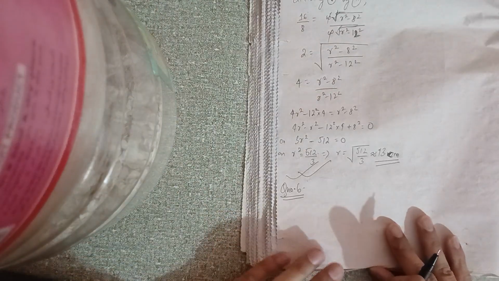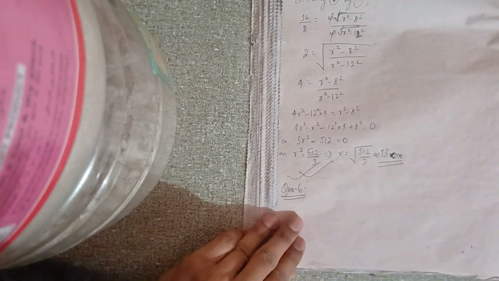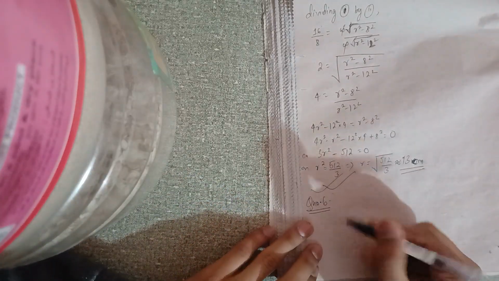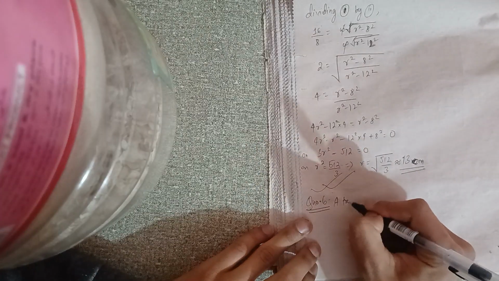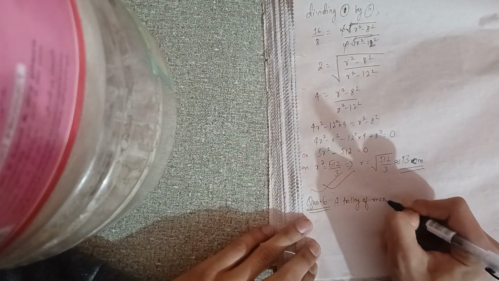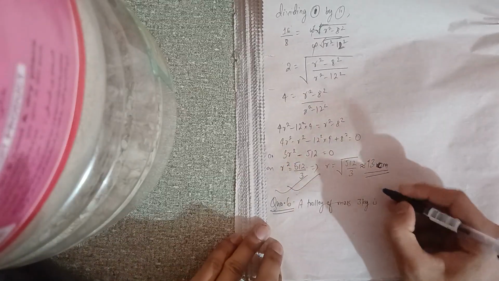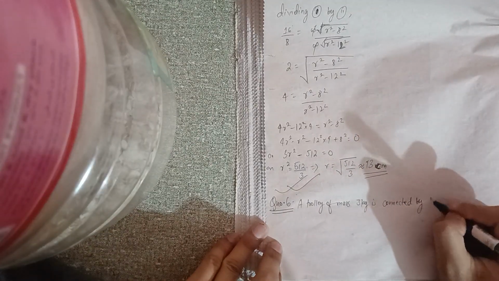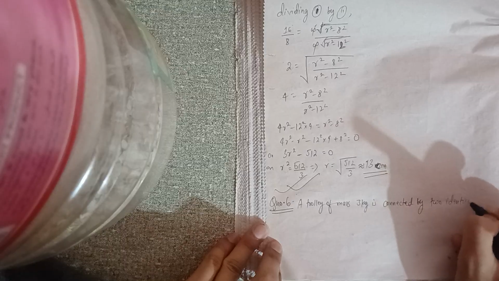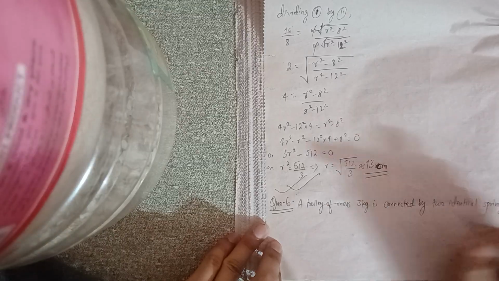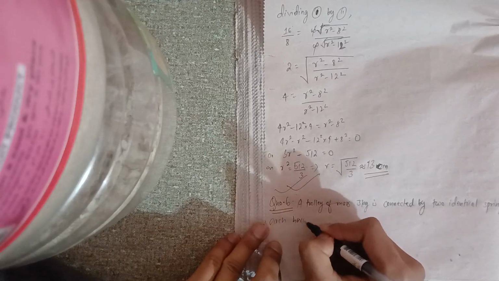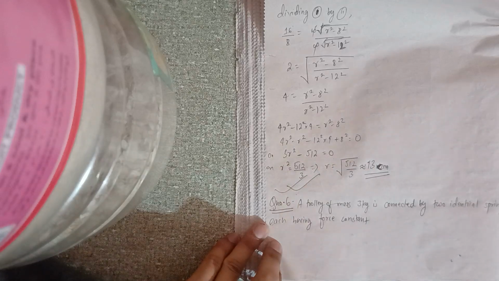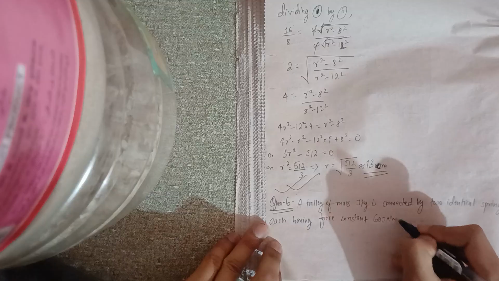Question number 6, what is happening? A trolley of mass 3 kg is connected by two identical springs, each having force constant 600 Newton per meter. Oh man, I have to write all of it.